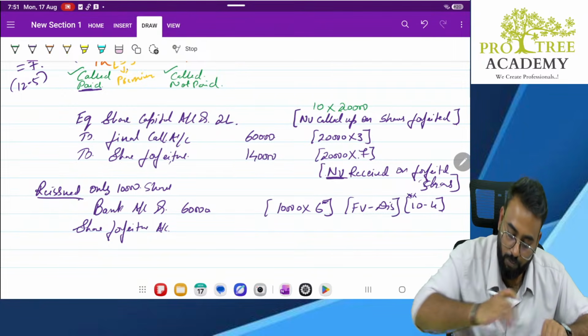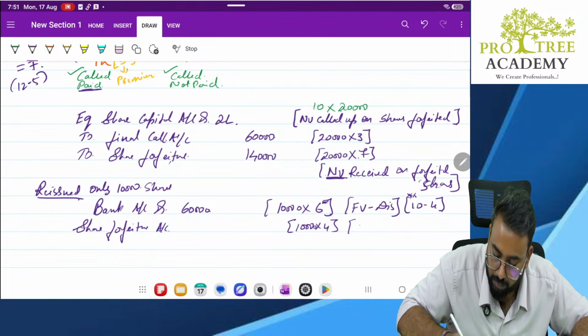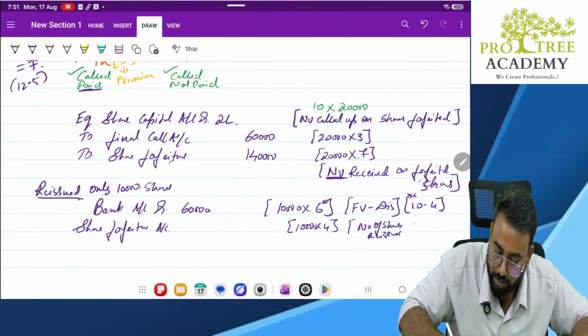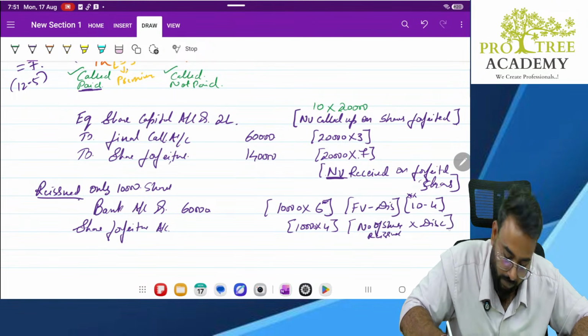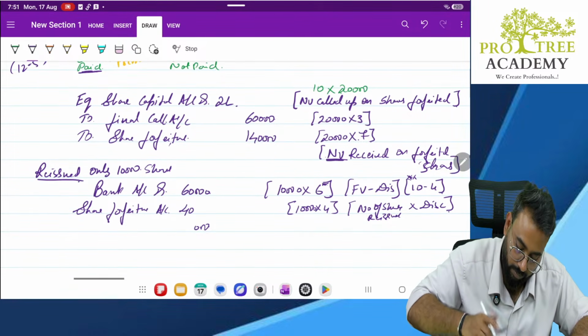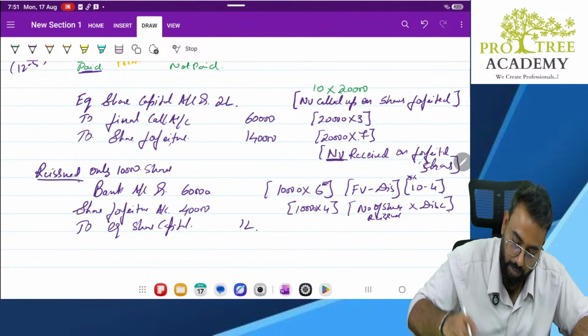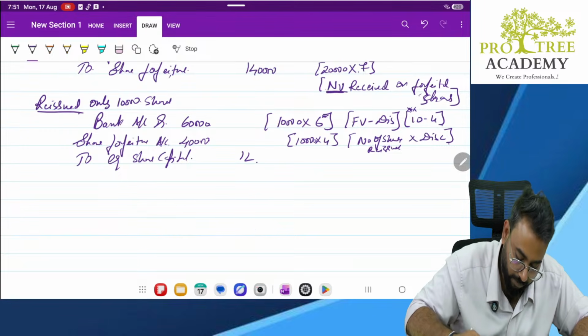What is the share forfeiture account? 4 rupees discounted, 10,000 into 4. It is nothing but number of shares reissued into discount. That will be 40,000. To equity share capital 1 lakh. Clear?